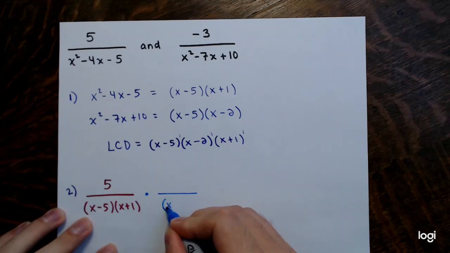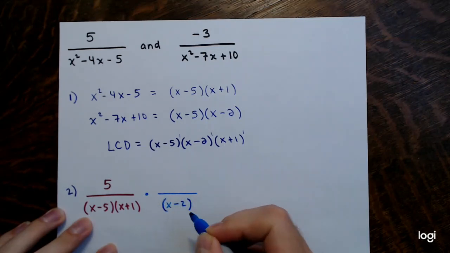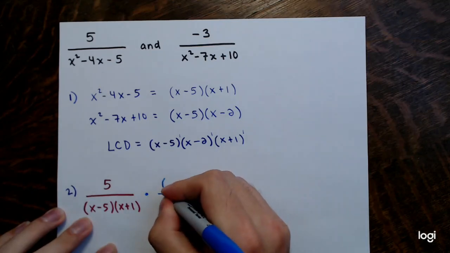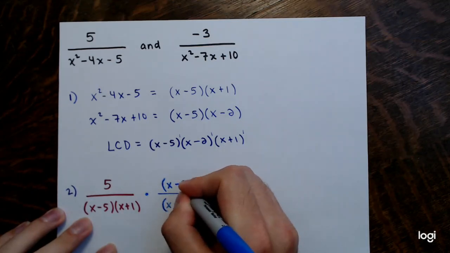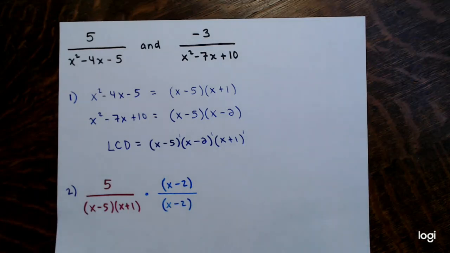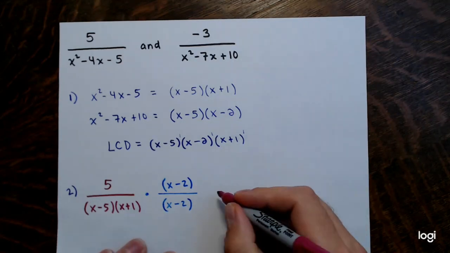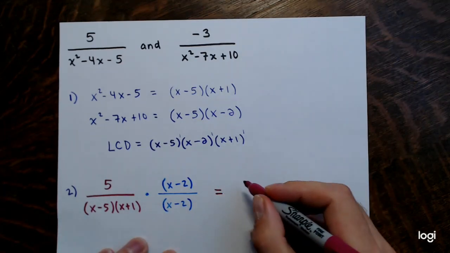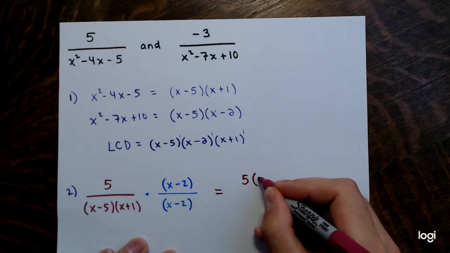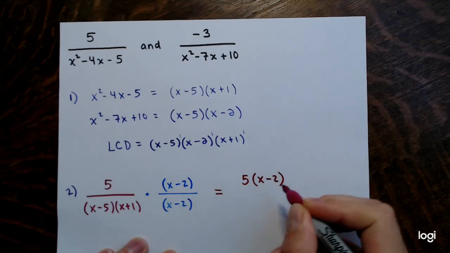Alright, so I'm going to multiply, and again, because it's got multiple terms, I'm going to put in parentheses. Same thing for the numerator. Right, multiply the numerator and denominator by this x minus 2. So this is equal to 5 times x minus 2, again the whole thing.